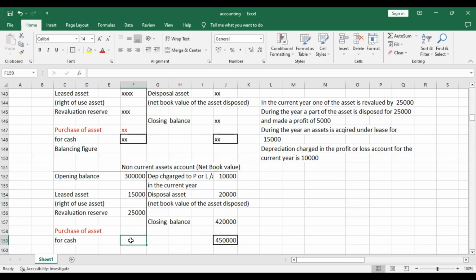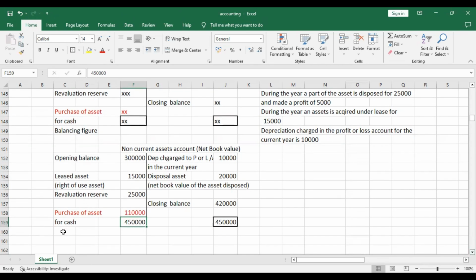You bring the 450,000 on the debit side, and the balancing figure: 300 plus 15 plus 25 is equal to 340. So 450 minus 340 is equal to 110,000. This is the purchase of non-current assets. This goes to the investing activity. So this is to be taken to it.